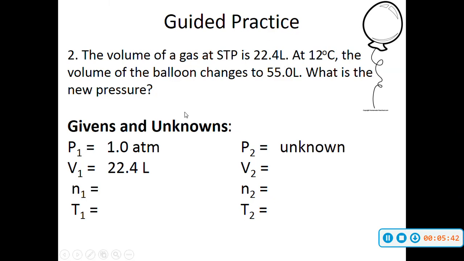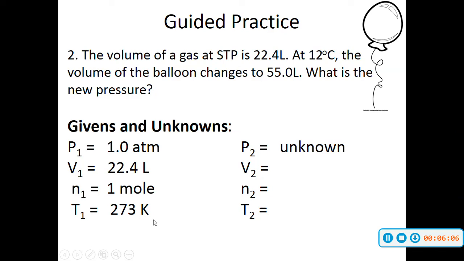N1, remember, was not given in our problem, but we're going to assume it to be 1 mole, because we don't know what gas we're working with, so we wouldn't be able to write a chemical formula for it. T1 is going to be 273 Kelvin, since standard temperature is 273.